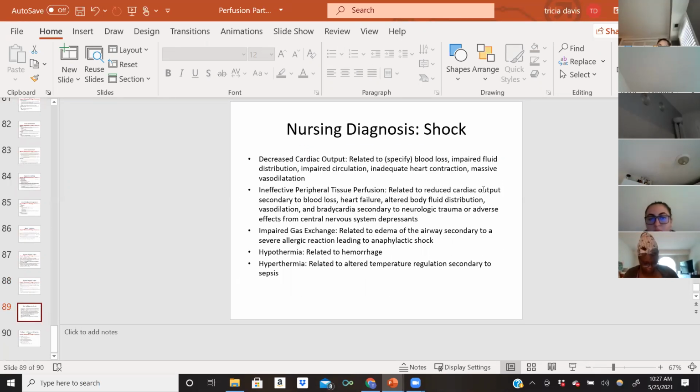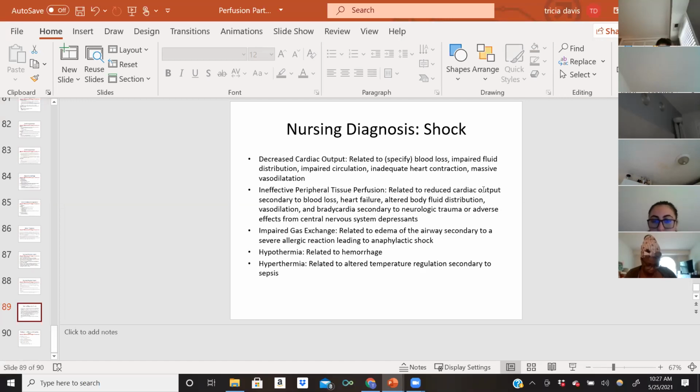So then our nursing diagnoses, these are what we're going to see. Decreased cardiac output related to whatever's happening. So it could be blood loss, impaired fluid distribution, impaired circulation, the heart's inability to contract, or a massive vasodilation. We're going to have ineffective peripheral tissue perfusion because of that reduced cardiac output, which is going to be secondary to heart failure, blood loss, abnormal fluid distribution, vasodilation.